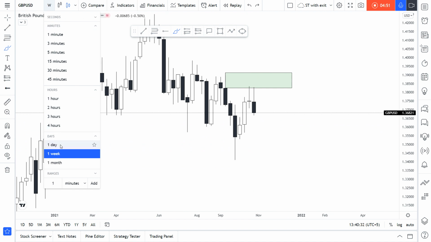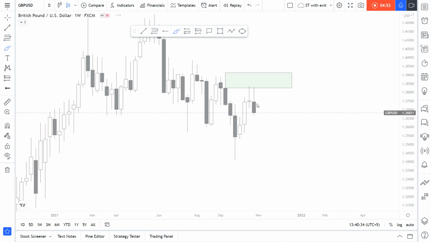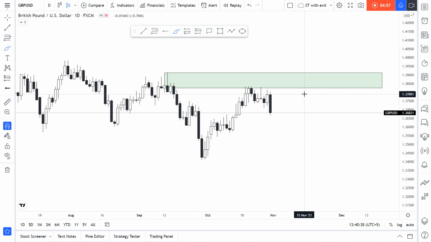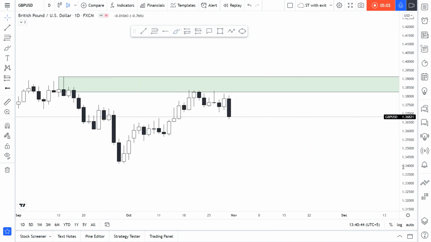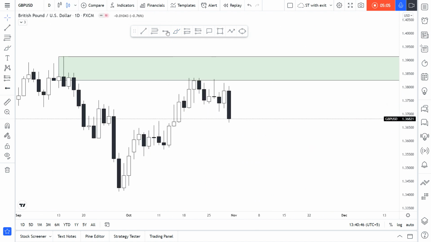Going to the daily time frame, I guess we don't see anything interesting here. Yeah, we got this engulfing pattern.